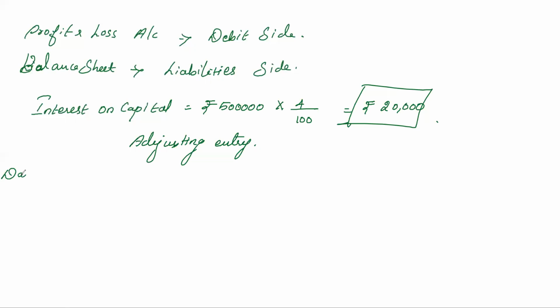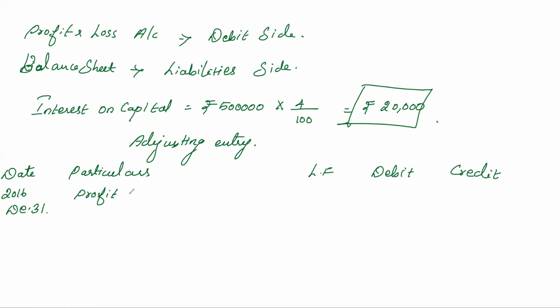Now the adjusting entry: date, particulars, LF, debit, credit. Date: 2016 December 31. Profit and loss account debit to interest on capital account.